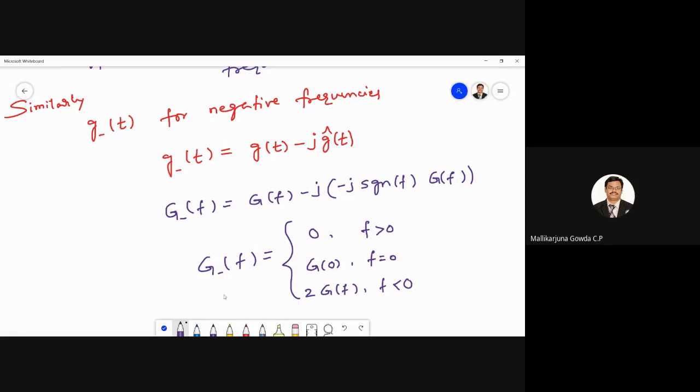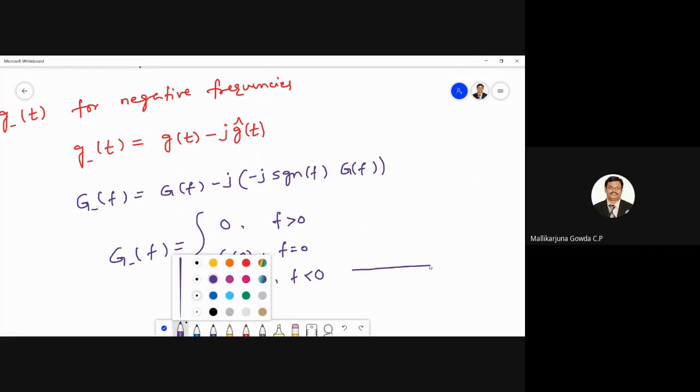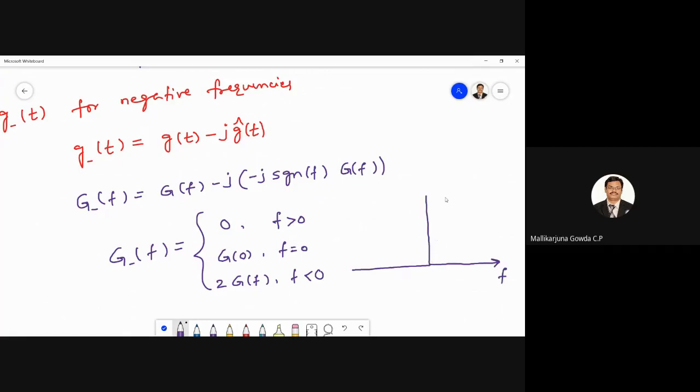So for the given example, I can draw the diagram of g minus of f.